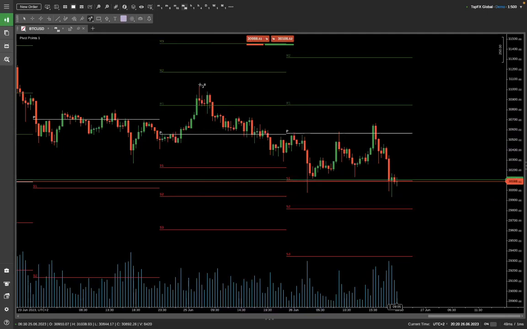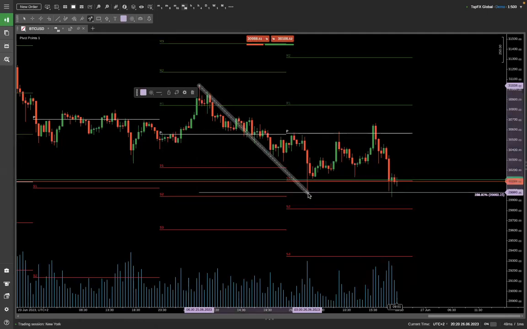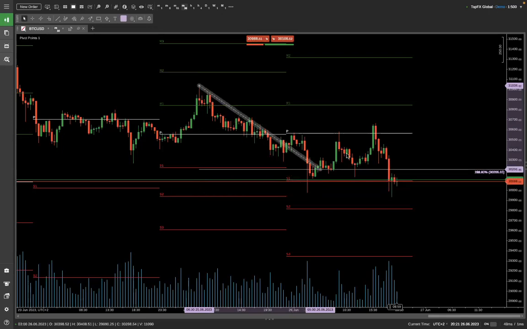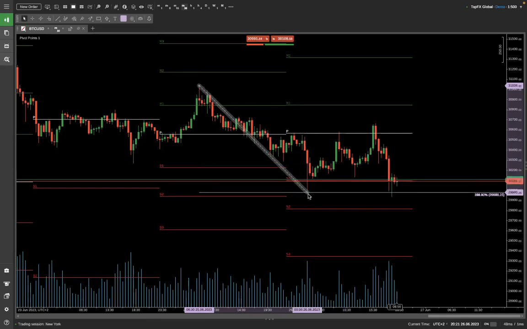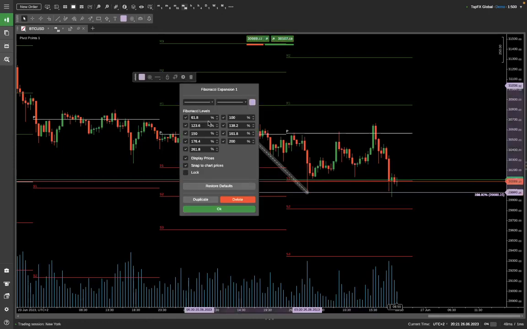Okay, so this is our first level. We now go here, and now we're supposed to go a little bit higher to calculate our third level, but it's not here. Let me just take a look. 61%, 100%, okay, 123, 150.